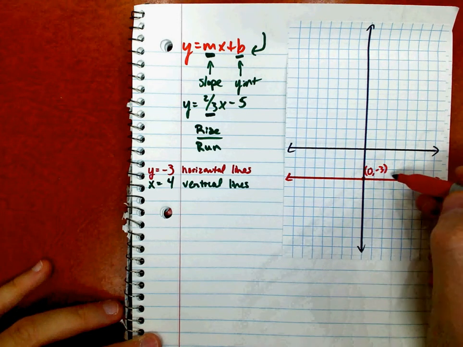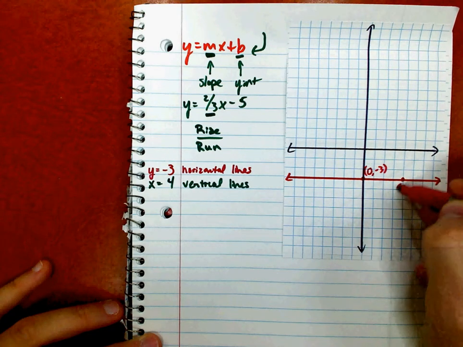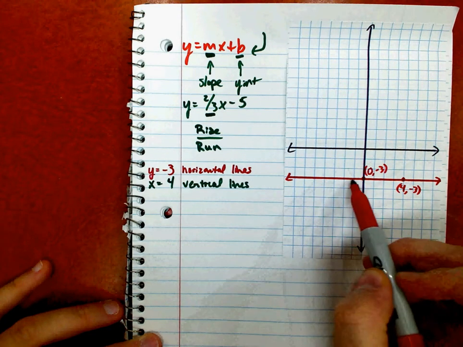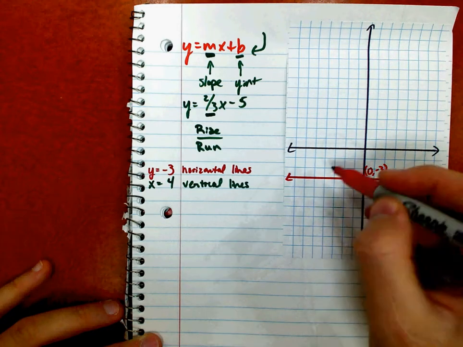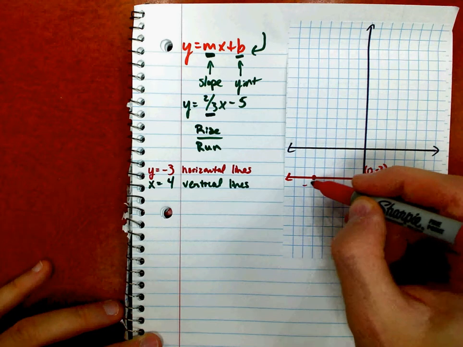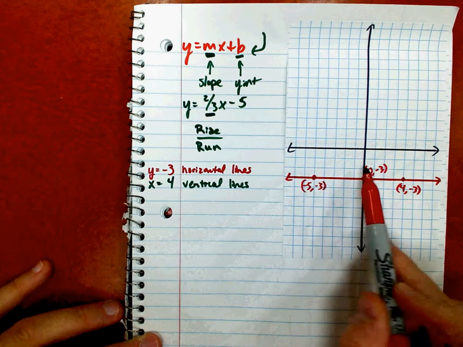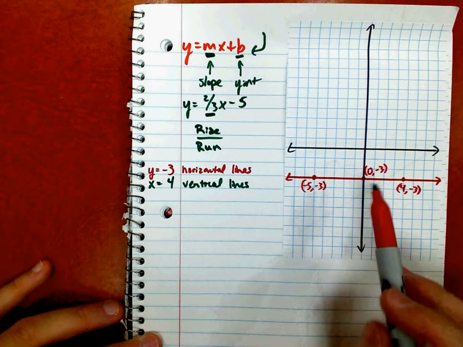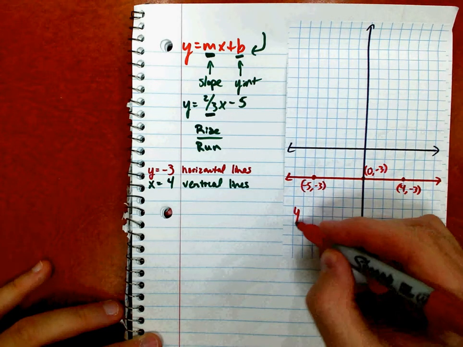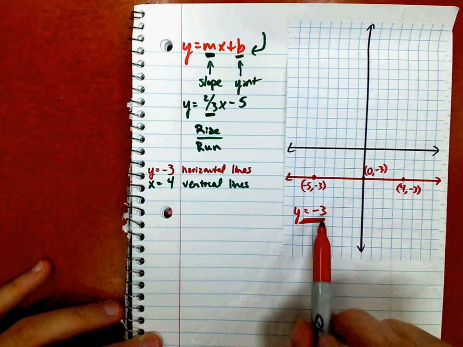So here, if I look at the point 4, -3, or -5, -3, they will all have a y-coordinate of -3, which is one reason why we call this equation y equals -3. Because no matter what the x value is, y will always equal -3.